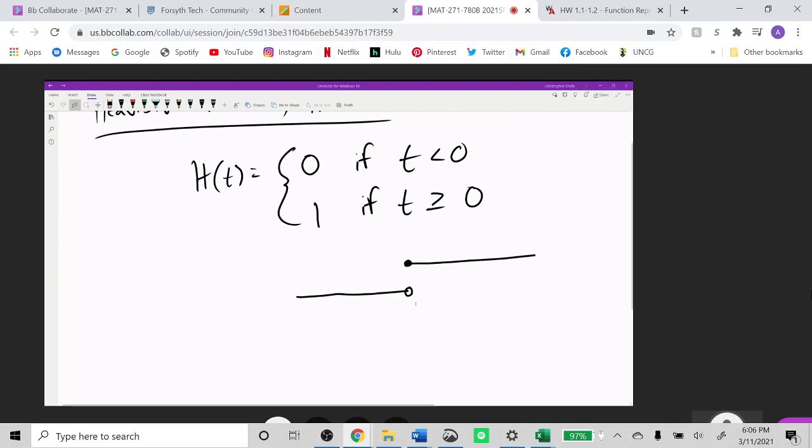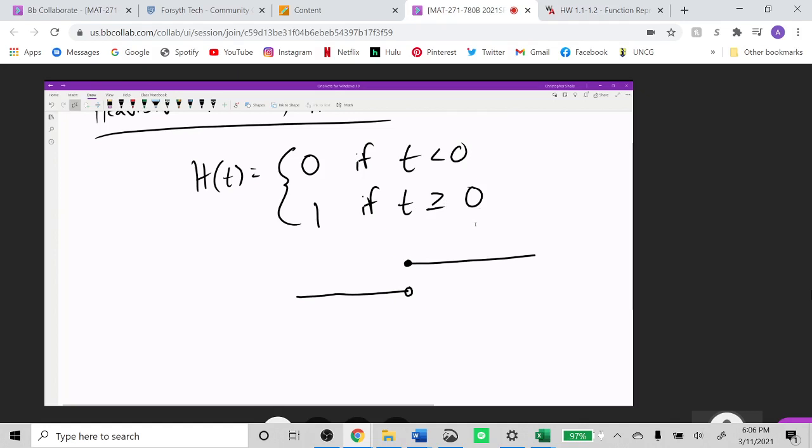Yeah, the bottom one here has an open circle, exactly, because this first interval where t is less than 0 does not include 0. This top portion of the graph has a closed circle because the second interval is defined for t is greater than or equal to 0.